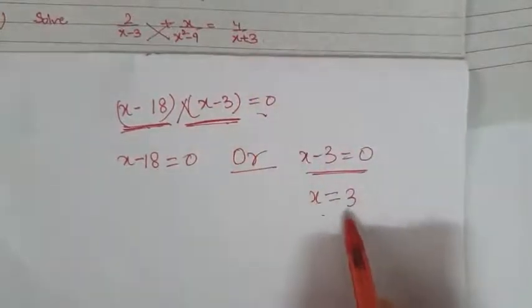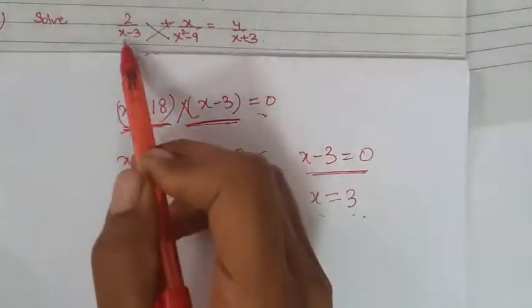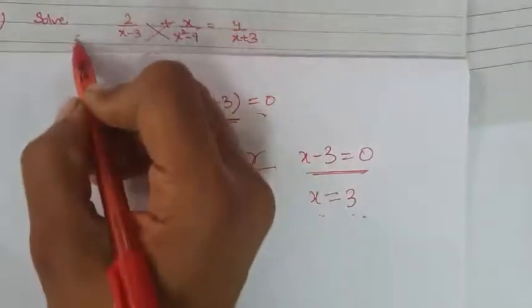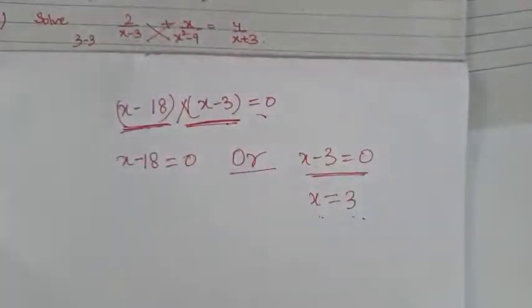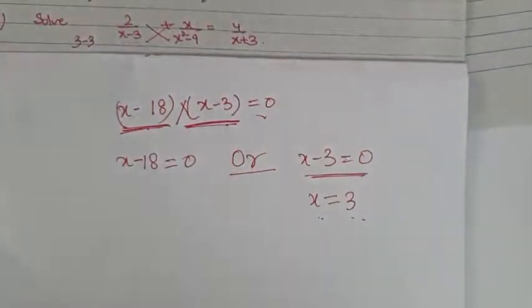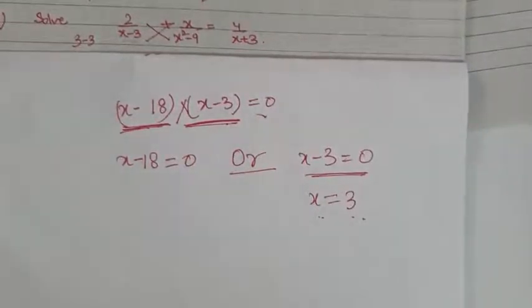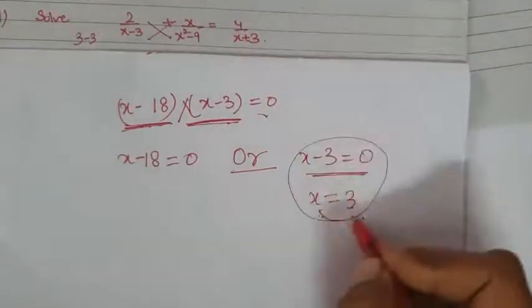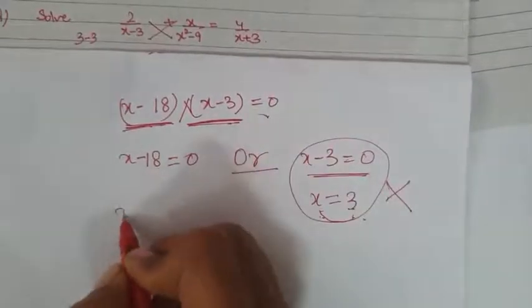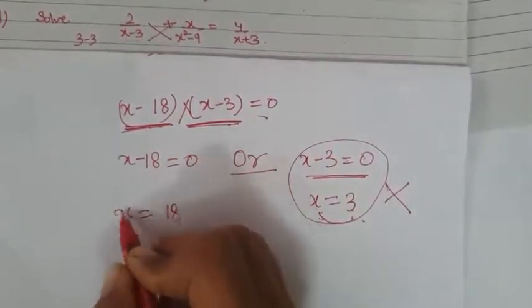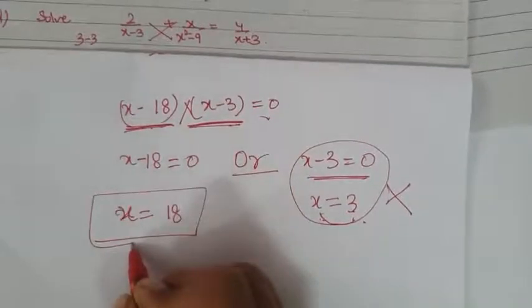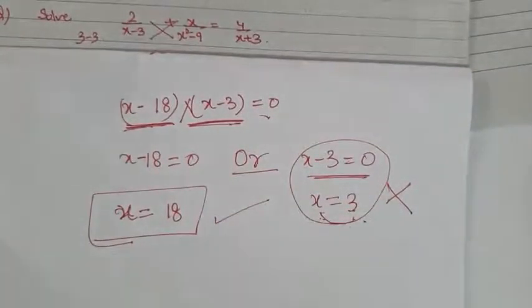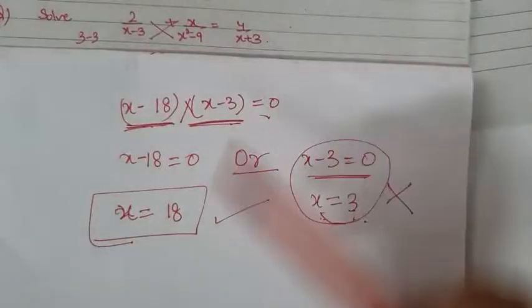But if you take x is equals to 3, see this very carefully, 3 minus 3 will give you 0. And in the denominator, in mathematics, if 0 is there, it means it is not defined. So we cannot take x is equals to 3. So this is not possible. So x will be equals to 18 only. So this is your final solution of this given equation.